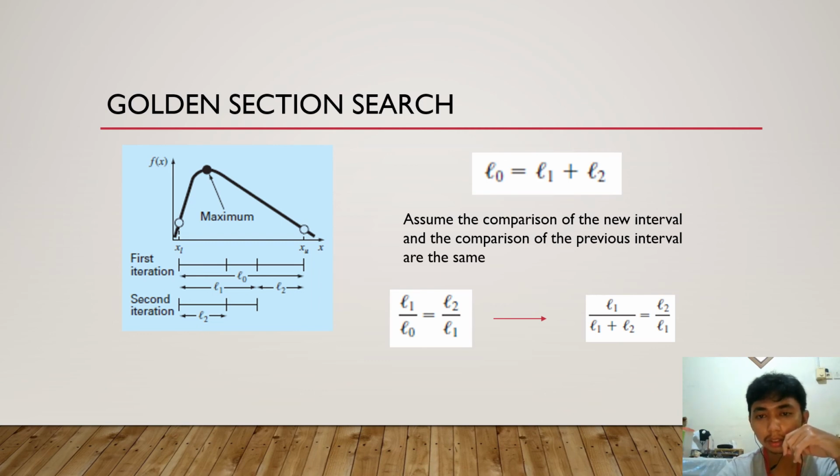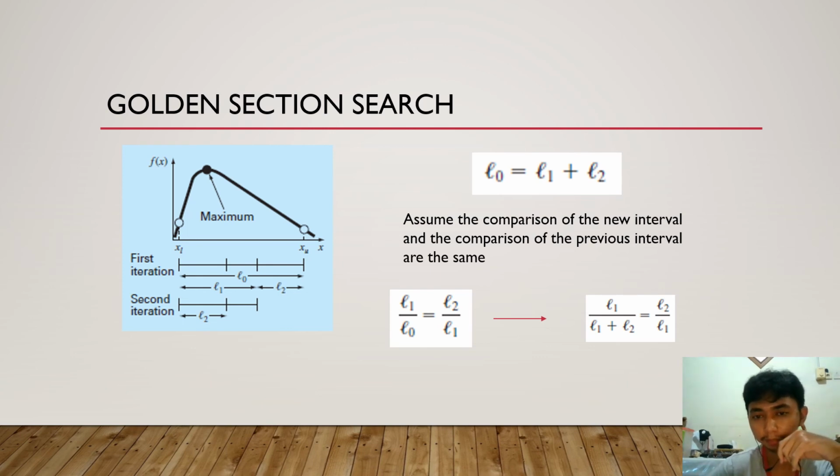So L0 is equal to L1 plus L2. Assume that the ratio of the new interval and the ratio of the previous interval are the same. So L1 over L0 is equal to L2 over L1.